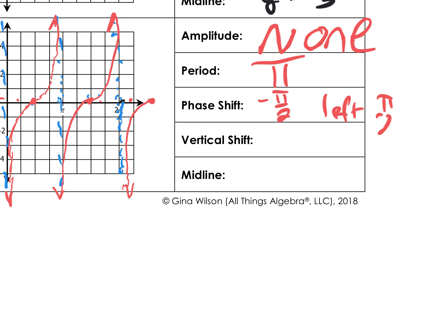Did it shift up or down? Isn't the midline still at the x-axis? Yes, sir, so it did not shift at all. None, because k was a 0. So therefore, my midline is y equals 0.